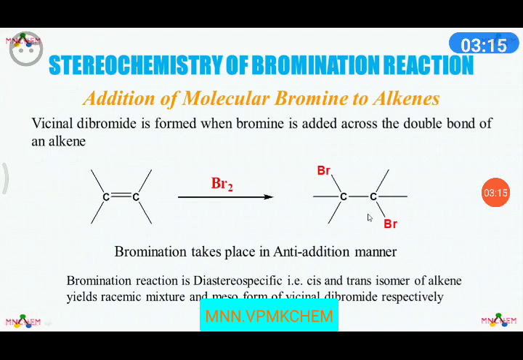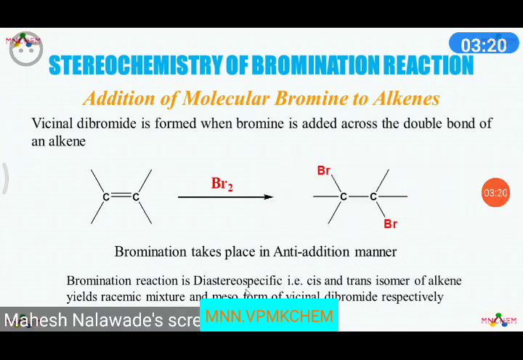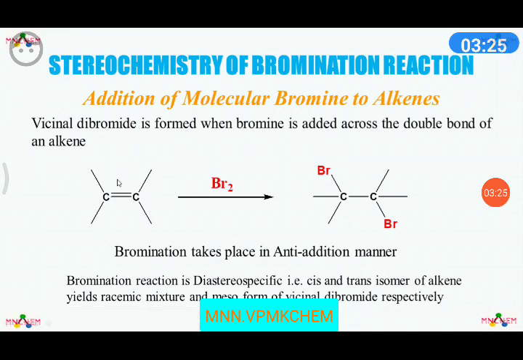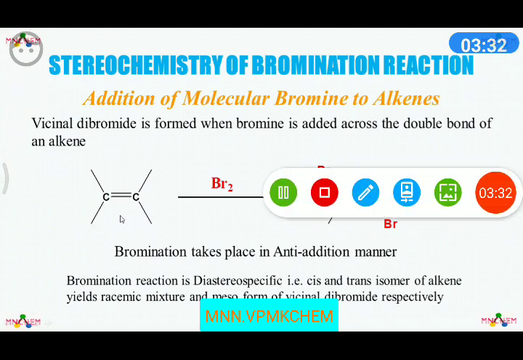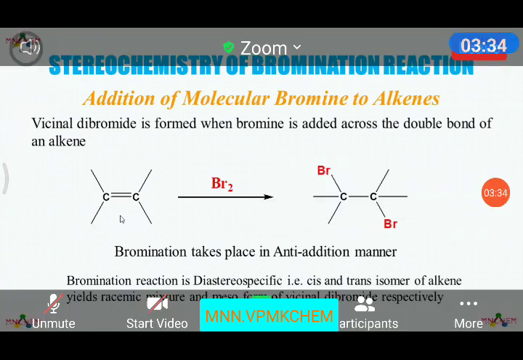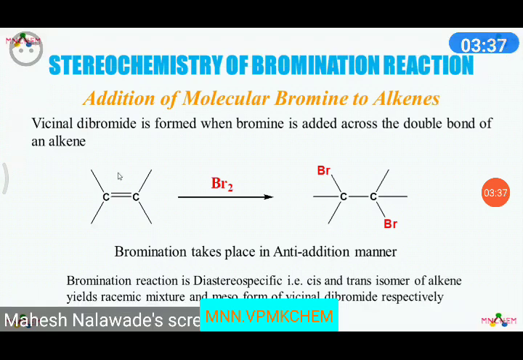So the reaction is diastereospecific in nature. When we say bromination is diastereospecific, it means that the two faces of an alkene are diastereotopic in nature, because we get two diastereomeric products after addition across the double bond.